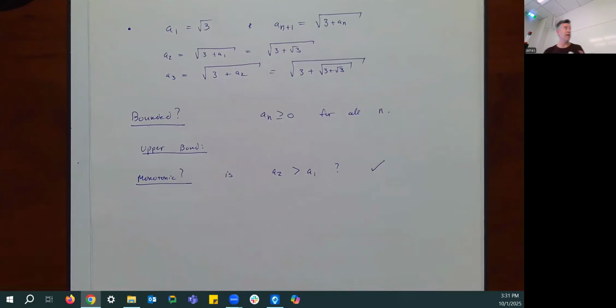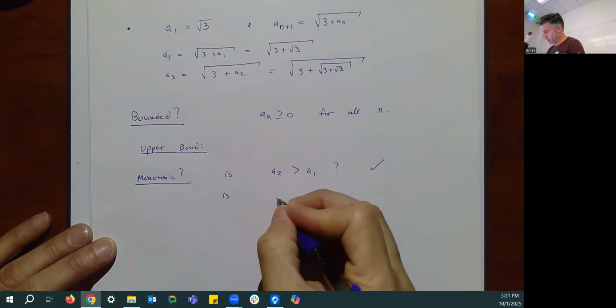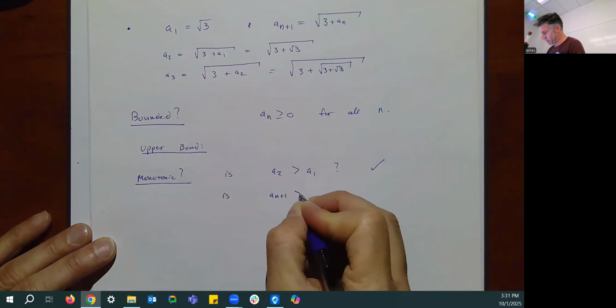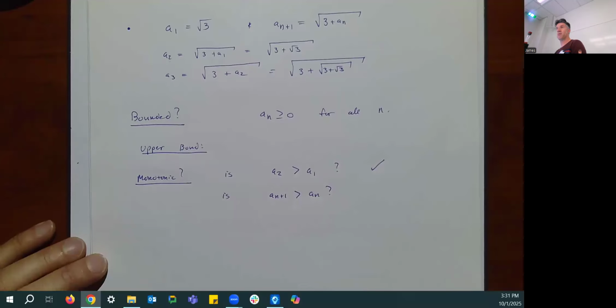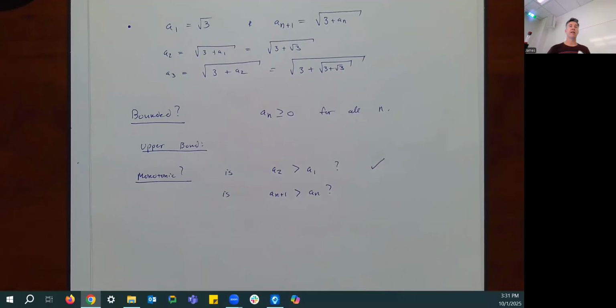So we're thinking the subsequent term is bigger than the current term. So really the question is, is a sub n plus 1 bigger than a sub n? And we can't do what we did last time to show something was monotonic. We can't take a derivative here because we don't have an explicitly defined formula. So we just have to kind of actually do it.